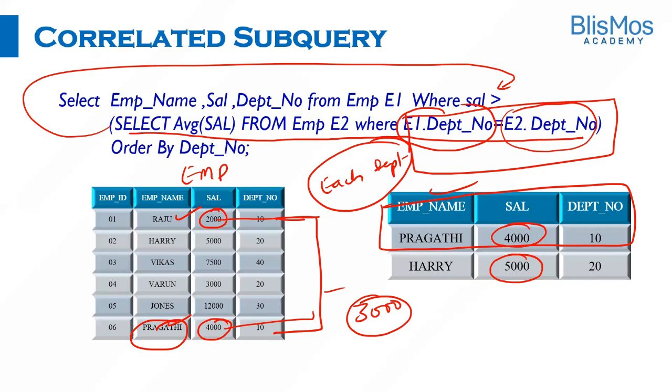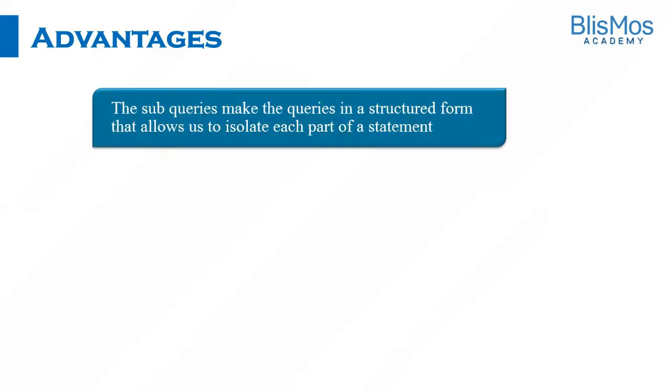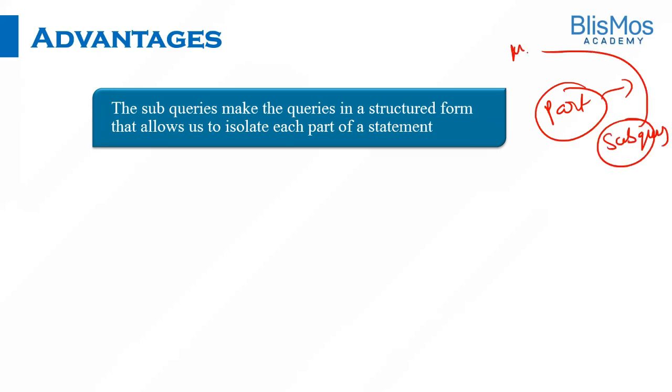So we understood all the important types of subqueries. Let us understand a bit about the advantages and disadvantages. What are the advantages? When we are writing subqueries, we feel like there is some structure to that because we are isolating a part of the problem into a subquery, and the results of that will be funneled to the main query.